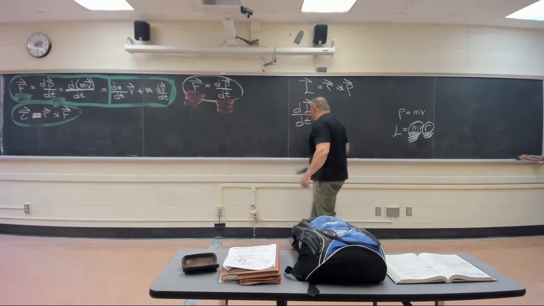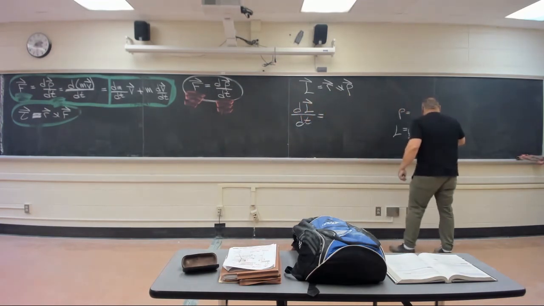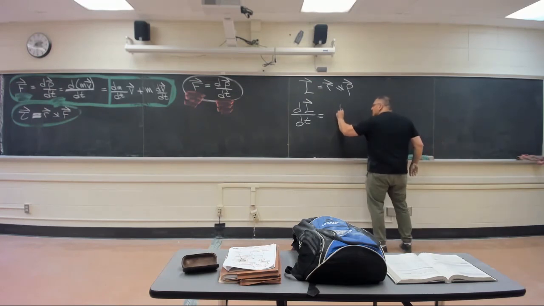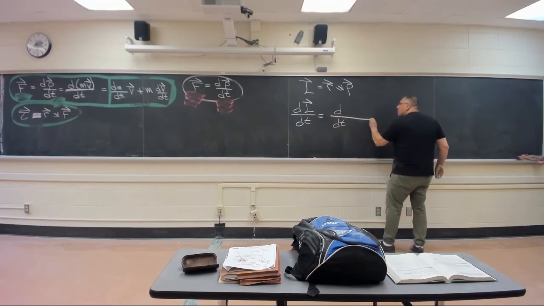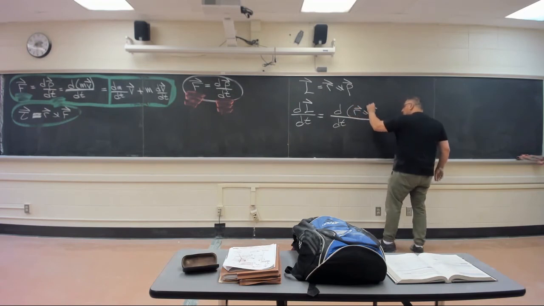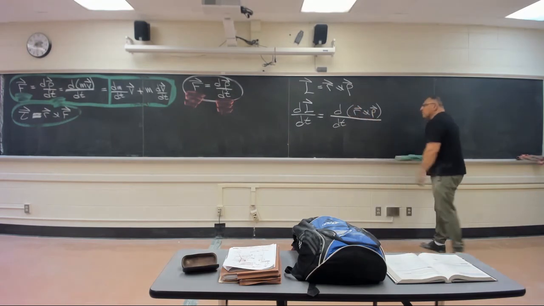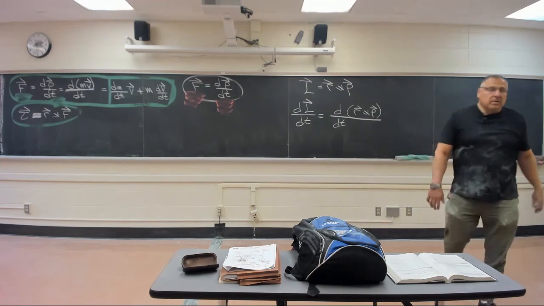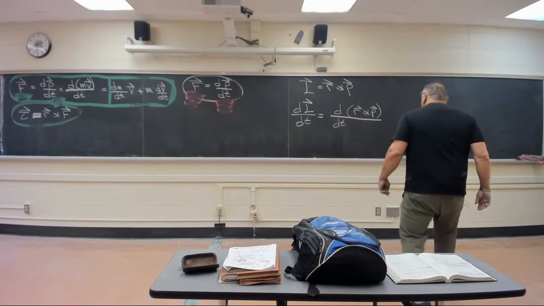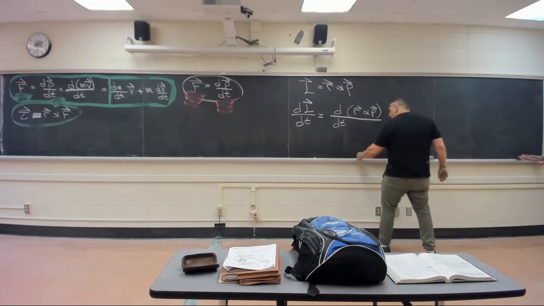Well, it's a good thing we just did it. We just said L vector, angular momentum vector, is R vector cross P vector. Good thing we already did this one.